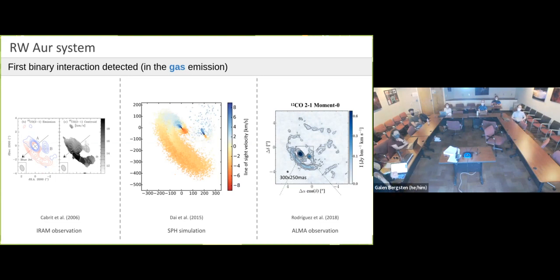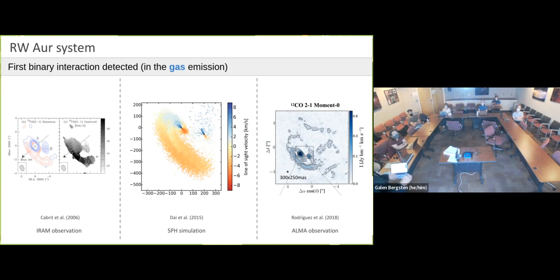And so we are studying this binary system that has been known for a long time, because even back in 2006, with IRAM, we were already able to detect an arc of material in bright 12CO emission. And then in 2015, you can see here that with an SPH simulation, in the paper from Dai et al., they showed that this arc of material that was detected was probably from an interaction between the two disks.